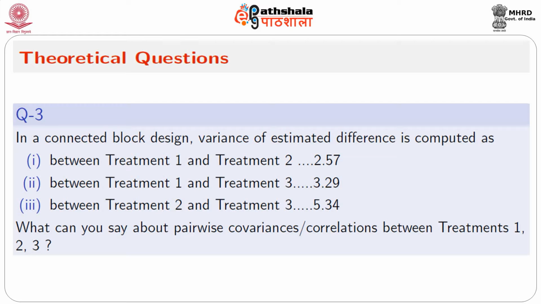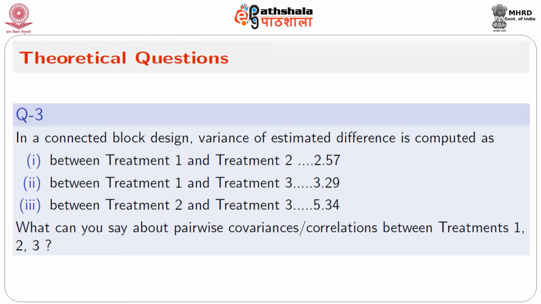So we have three equations involving C+11, C+22, C+33, C+12, C+13, C+23. We have three expressions involving these six quantities. We also know that the C matrix has row and column totals equal to 0. So C11 plus C12 plus C13 equals 0.